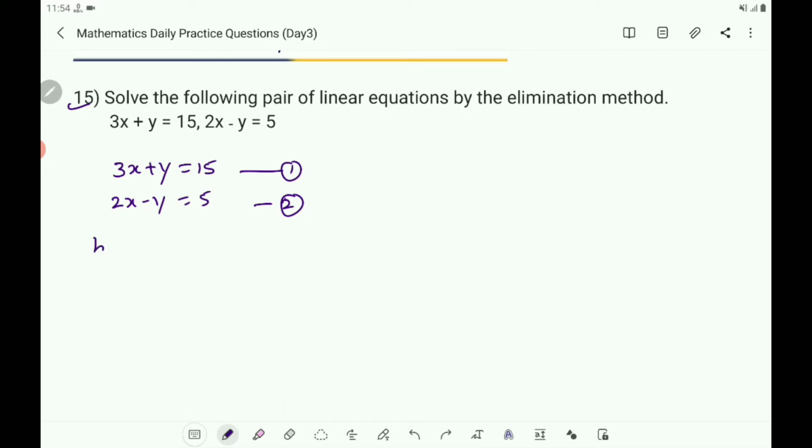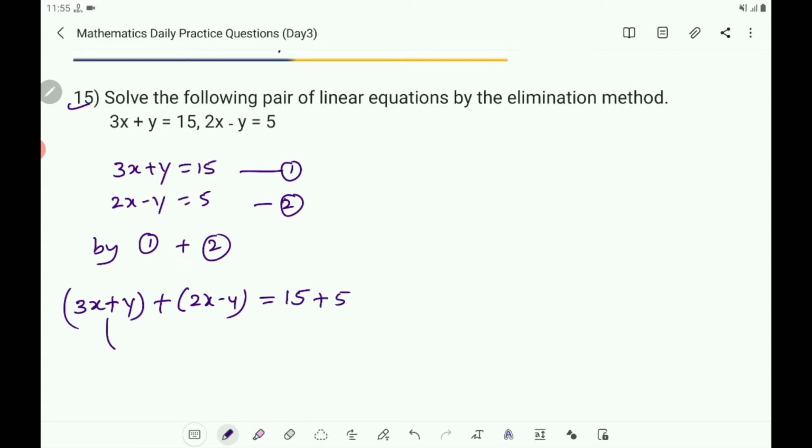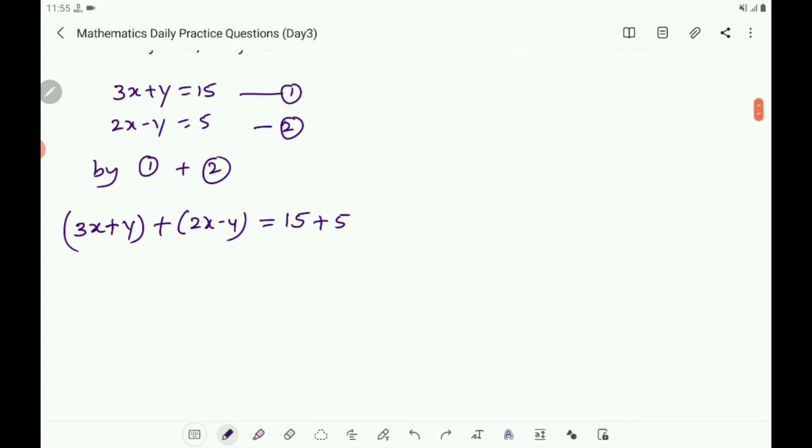So you take first plus second. So you write the first, add LHS to the LHS and RHS to the RHS. The LHS of the first equation is 3x plus y and the LHS of the second equation is 2x minus y, equals RHS 15 plus 5. So LHS plus LHS, RHS plus RHS, as we have to add first equation plus second equation.